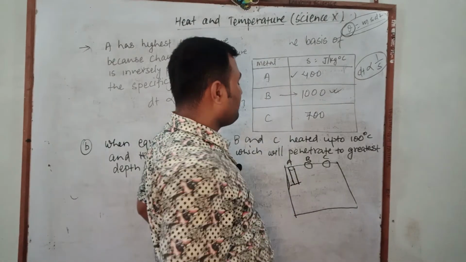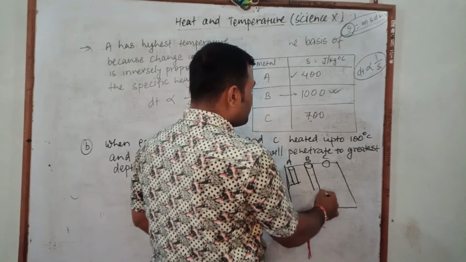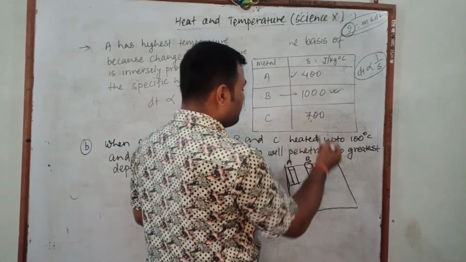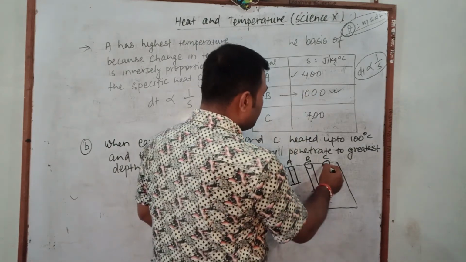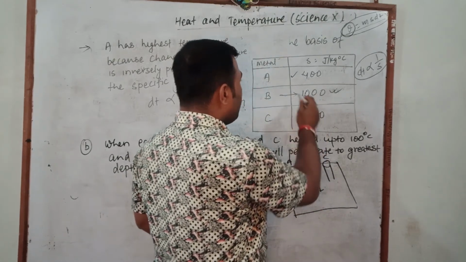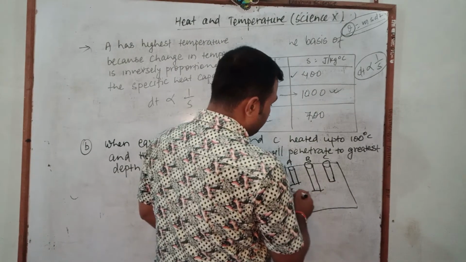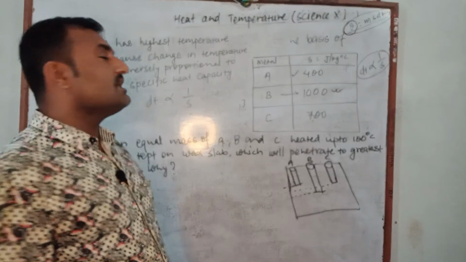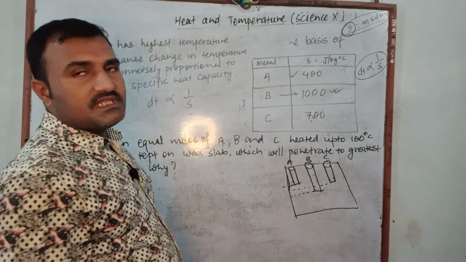Suppose here B having more specific heat capacity than A, therefore it contains more heat energy than A and it goes to more depth than A. But B have, listen, and C having less specific heat capacity than B and therefore it goes to less depth than B and more depth than A. And the amount of heat energy lost by a body is directly proportional to the specific heat capacity.